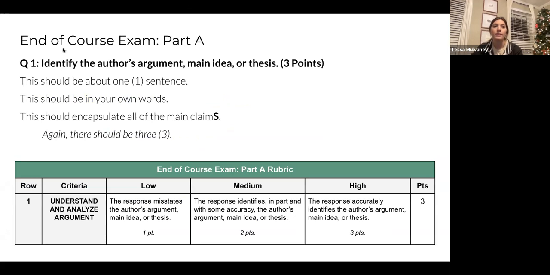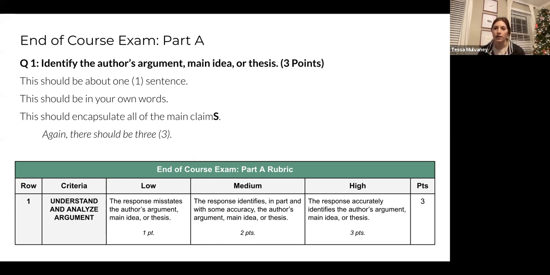So when you're identifying the author's overall argument, main idea, or thesis, this is going to be 1 sentence, and it's going to be in your own words. So you're not going to just rewrite something that already exists in the article, but you are analyzing what already exists there and putting it in your own words. This should encapsulate all of those main claims, which is why we have you annotate for those claims first.